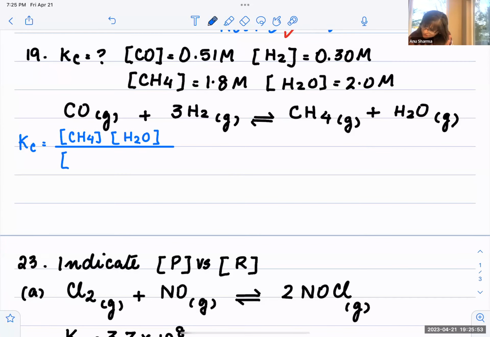Next is the concentration of CO, which is the reactant, and H2 raised to the power 3. So just plug in the numbers.